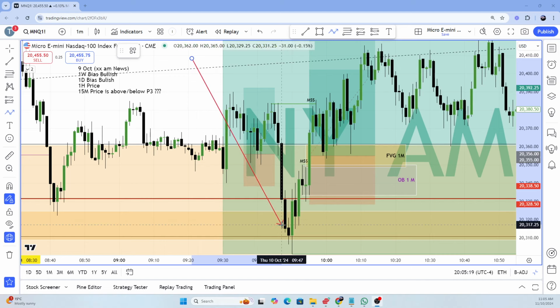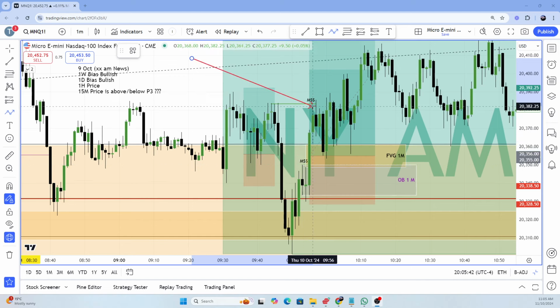Once the algorithm moved the price down and smart money grabbed the liquidity, there's a huge displacement up. You can see reasonable displacement up, and in that displacement it broke this internal swing high, and it also broke this internal swing high, because we are expecting an internal swing high to be broken for us to enter into the trade.